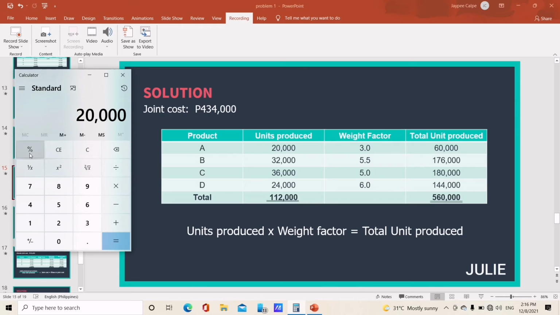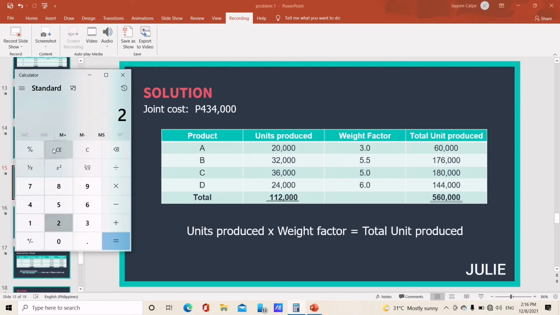So 20,000 times 3.0, we have 60,000 as total units produced for product A. For product B, 32,000 multiplied by 5.5, we have 176,000 as total units produced. Product C, 36,000 multiplied by 5.0, we have 180,000 total units produced.